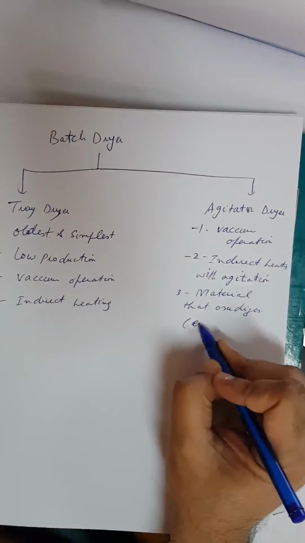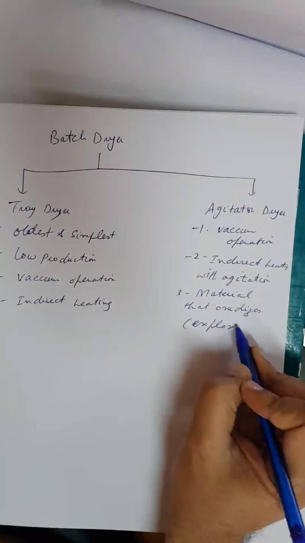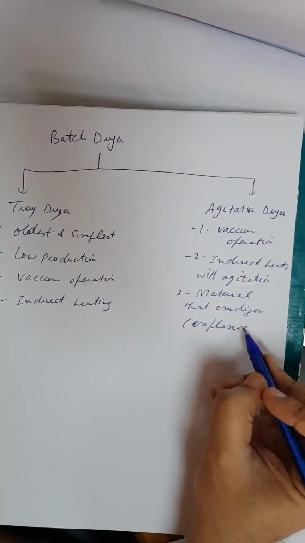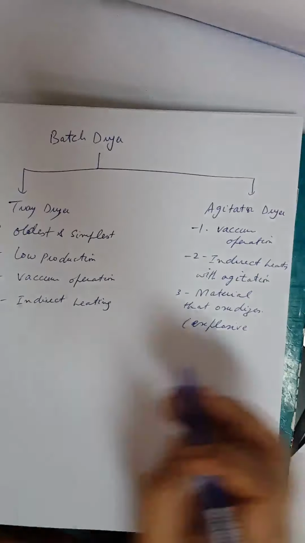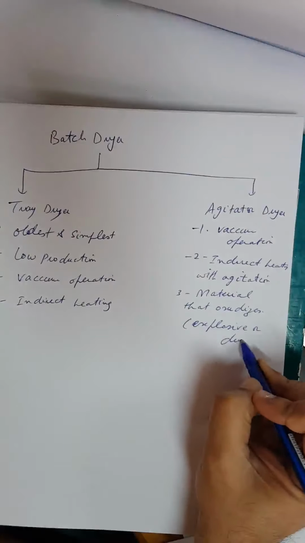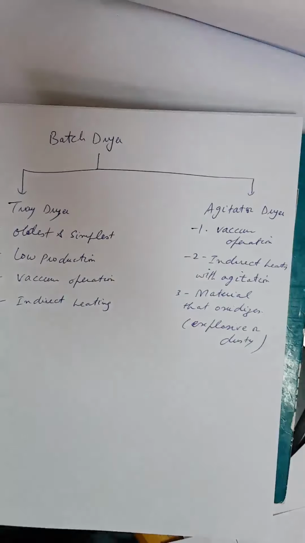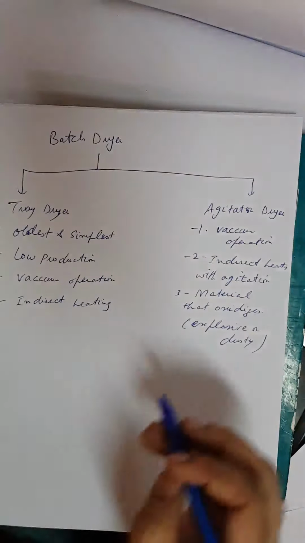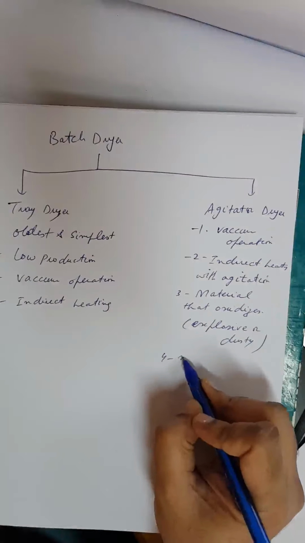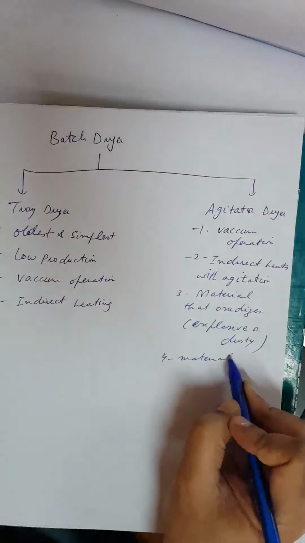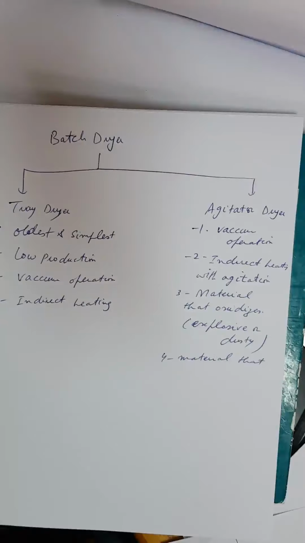Explosive or dusty materials, are the material that agglomerate.